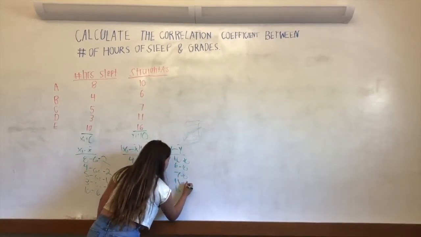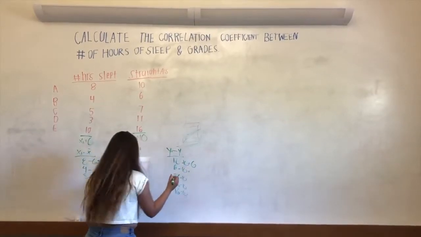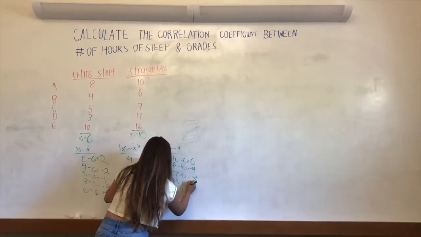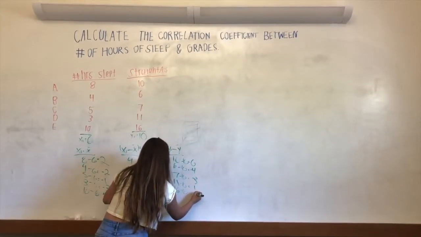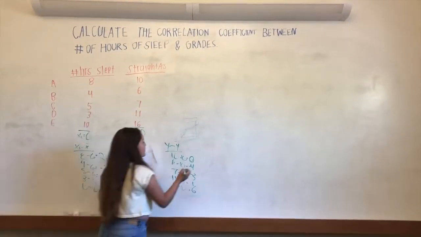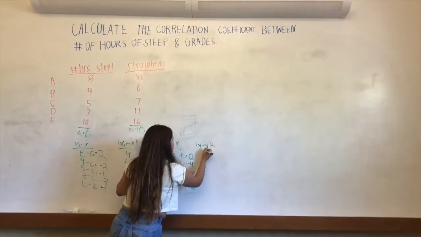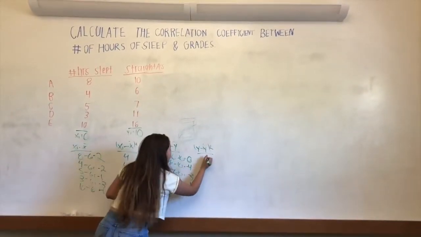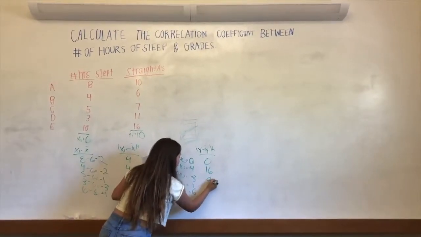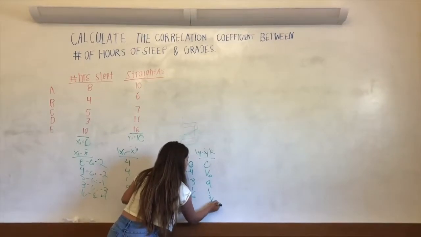And this will equal 0, -4, -3, 1, and 6. After we find the values, we're going to square them. So it will be 0, -4 squared will be 16, 9, 1, and 36.